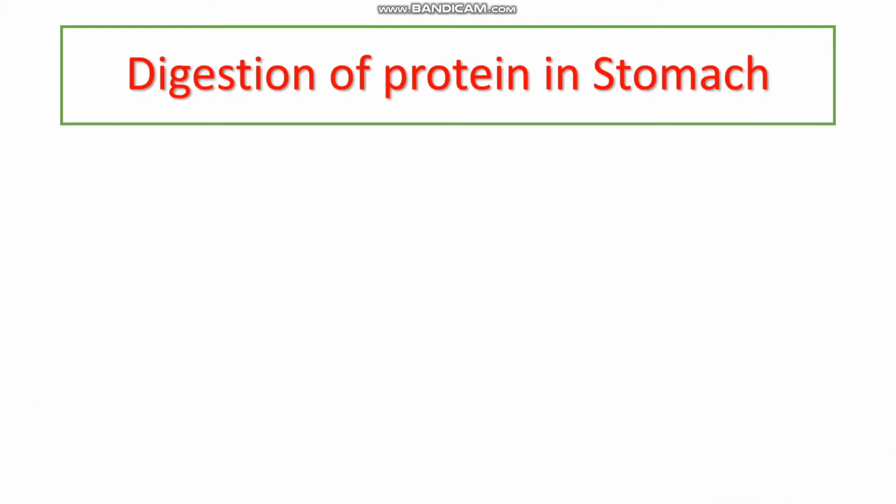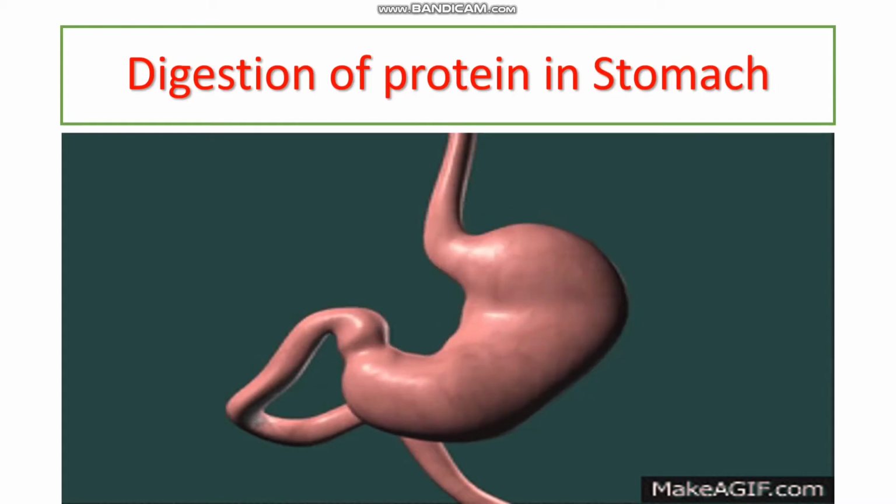After mouth, the food goes to our stomach, and in the stomach, which nutrient is digested? Protein is digested. Our stomach is like a muscular bag that contracts often to squeeze the food and mix it with the juices made in the stomach.